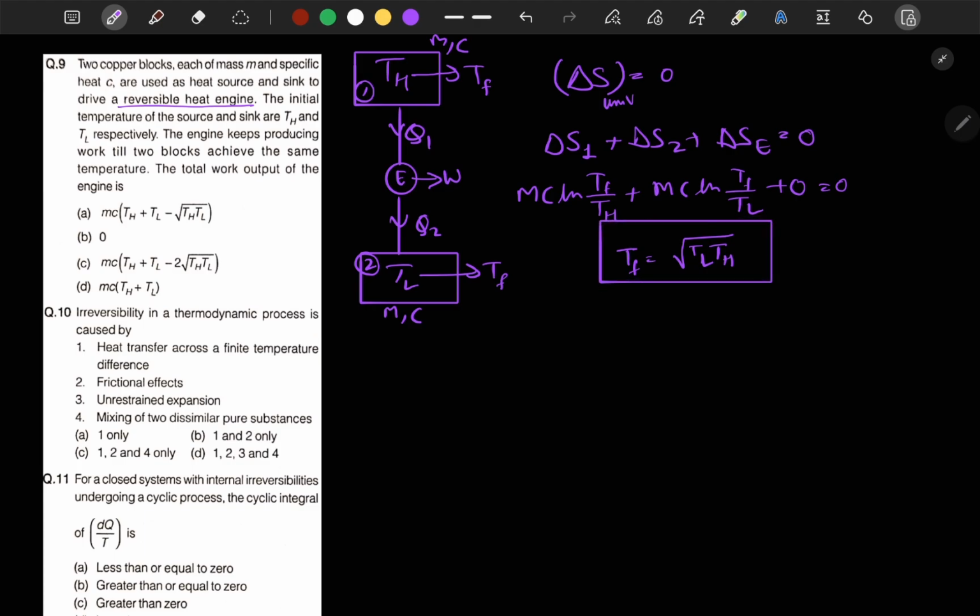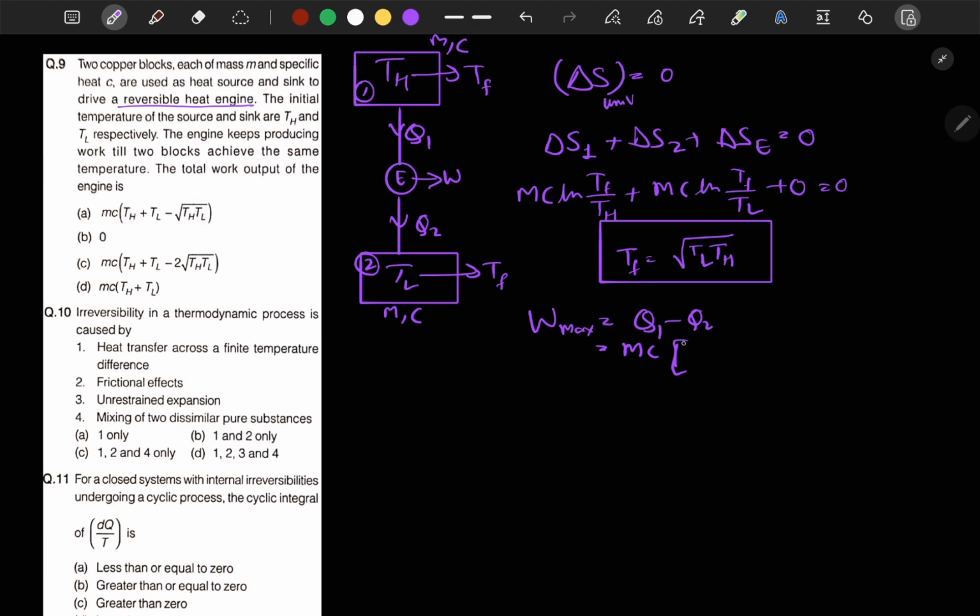This is the geometric mean of the temperatures of the two blocks. Now to obtain the work output, we do q1 minus q2. The value of q1 is mc dT, so we need the correct temperature difference. Th is greater than Tf, so the hot block's temperature reduces to Tf to attain equilibrium.